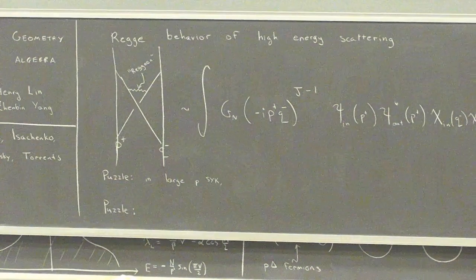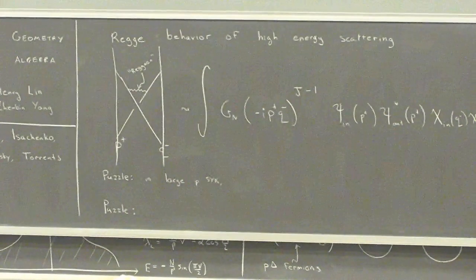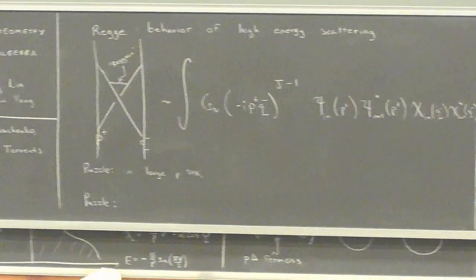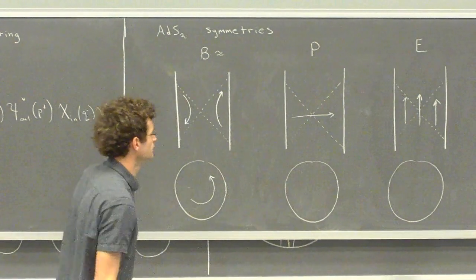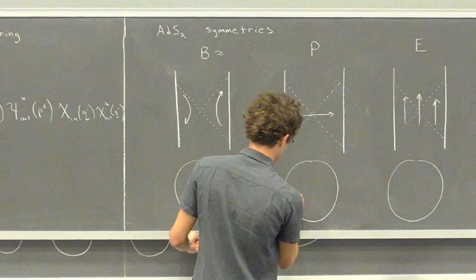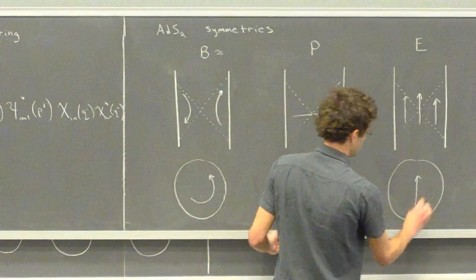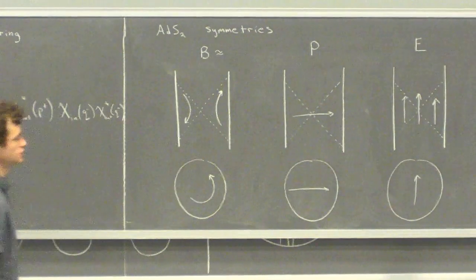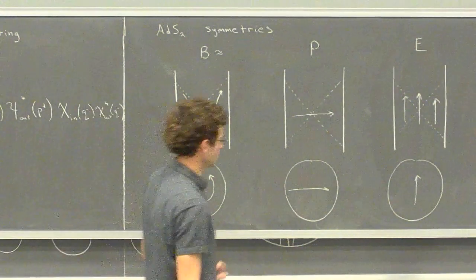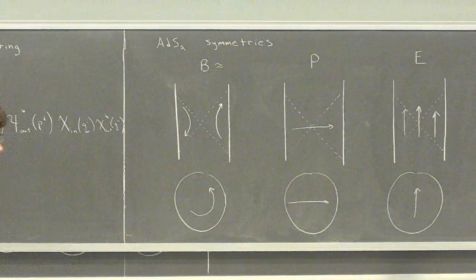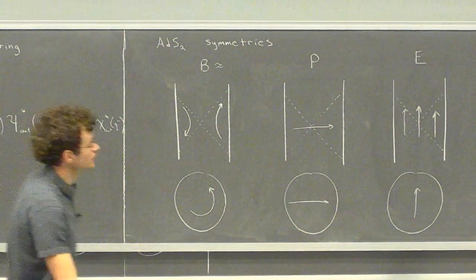P acts as some spatial translation, and E acts as some time translation like this. So in Euclidean space, P acts like this, and E acts like this, where we put an i in the definition of E. Okay, so these are a choice of three generators for the SL2R symmetry.